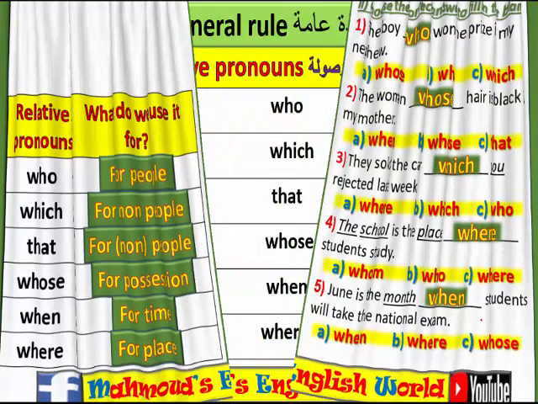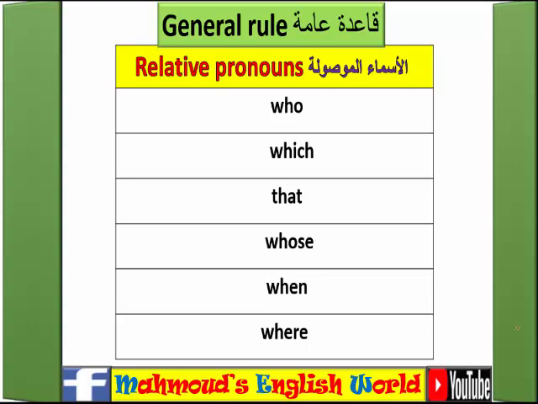Now let's recapitulate and see the general rule that we have. So these are the relative pronouns, and these are the rules for who. Before who, we should have all the time people, and after it we must have a verb, like this is the person who works with me. Works is the verb, and person refers to people.